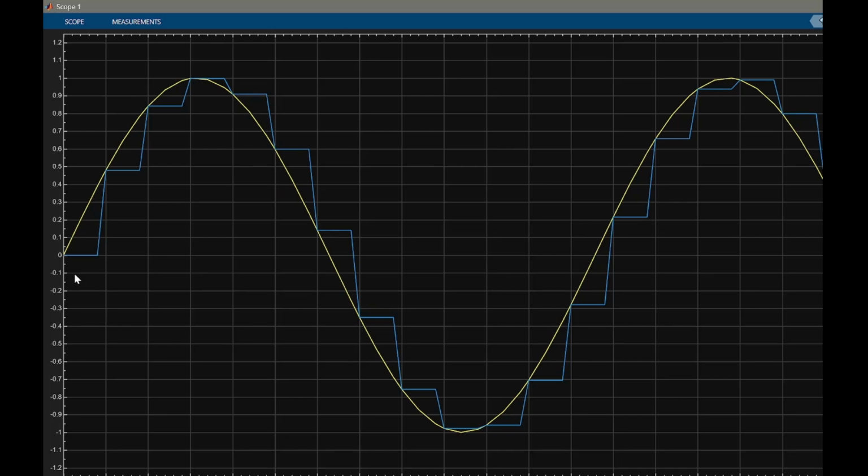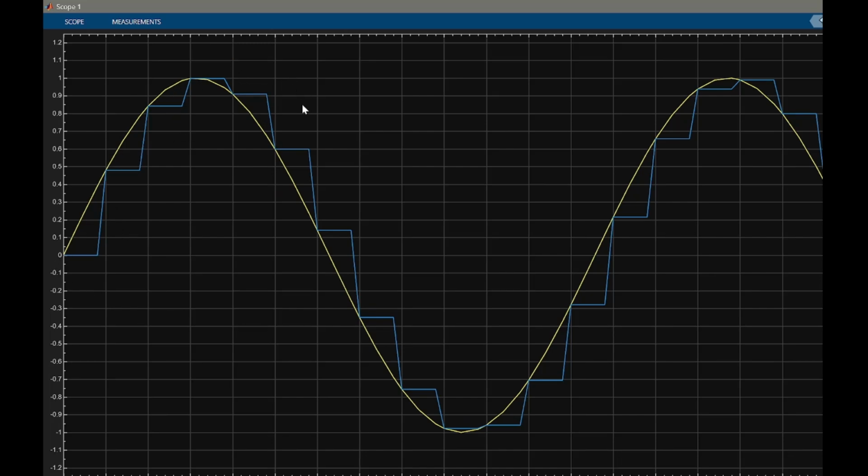Between 2 samples, it ignores everything happening to the sine wave, and it simply keeps the previous value constant. Then, when the next sample arrives, it instantly jumps to the new value, and this process repeats in the entire simulation. That's why the reconstructed signal appears as a staircase.